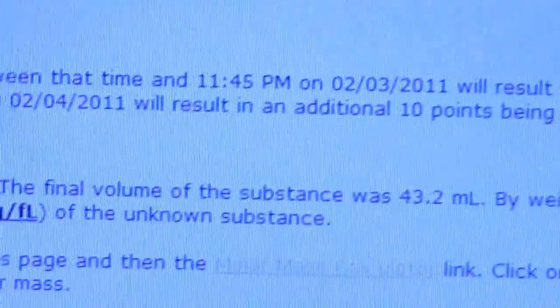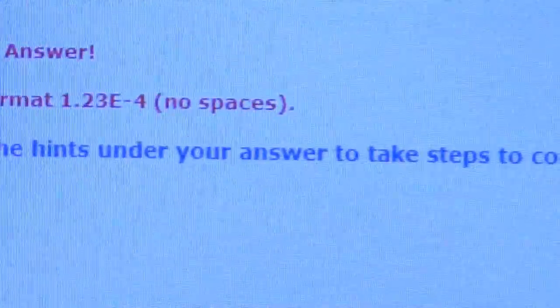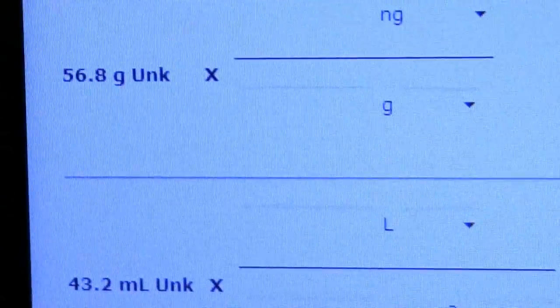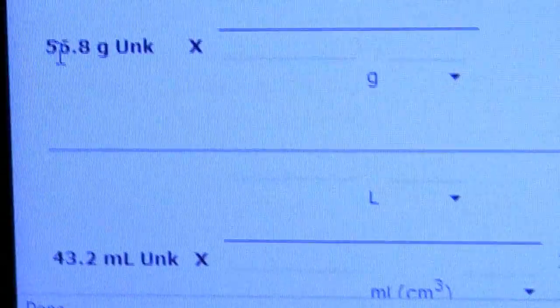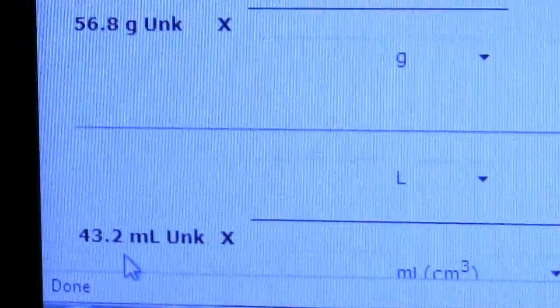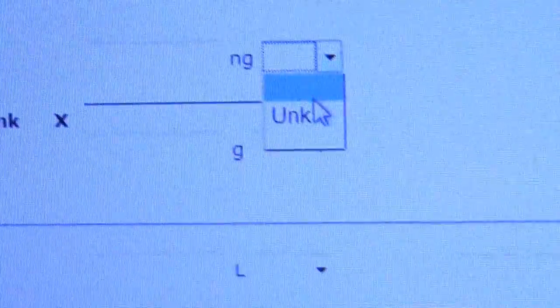Now we have the opportunity to enter in our values. It already put in our mass and our volume from the problem. And so again here we need to make sure we set all of these.